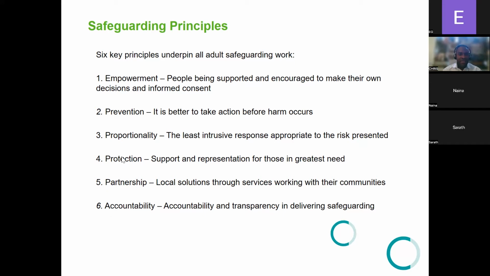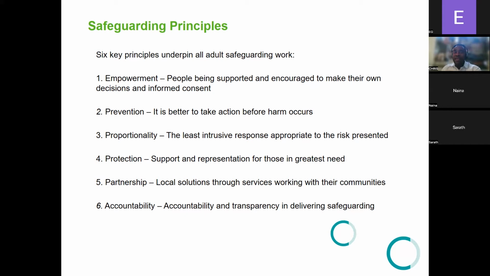And the third one is proportionality. The least intrusive response appropriate to the risk presented. Now we're talking about intrusive. Intrusive means we don't want to intrude into the life of the service user, the individual, the adult.